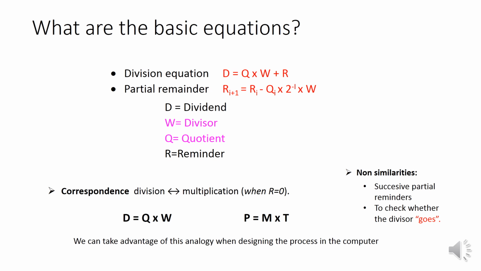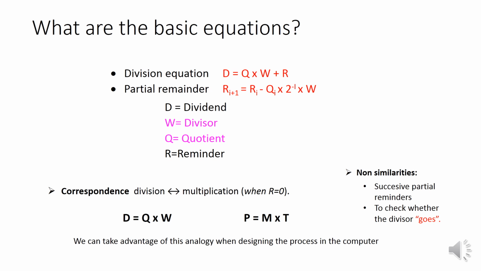That is why in the next videos we will see that very similar kind of circuits and very similar kind of algorithms can be used for multiplication as well as for the division. Nevertheless, despite these similarities, there are two things that make division more complex than multiplication.